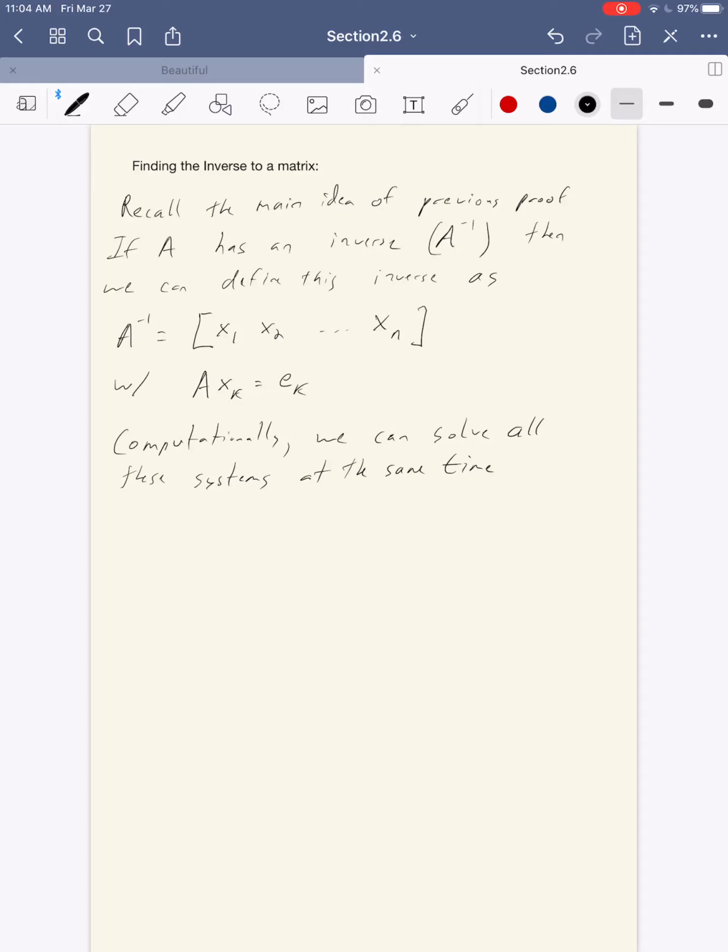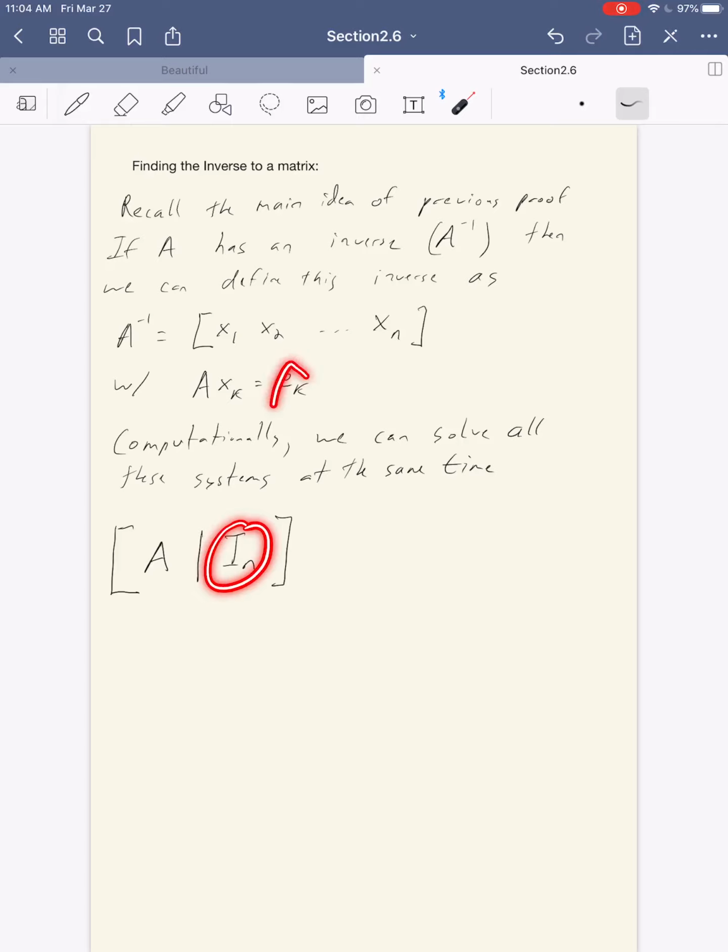What that means is that you will start with your matrix A and you will adjoin to it not a single column vector. You won't augment with a single column vector. You'll actually augment with the entire identity matrix. So over here, you'll have your original matrix, and over here, you will have all of the columns of the identity matrix.